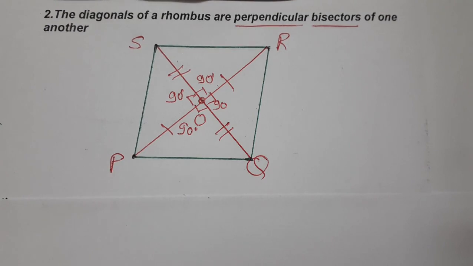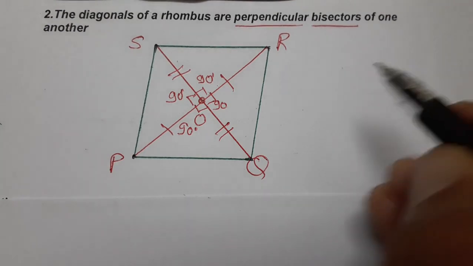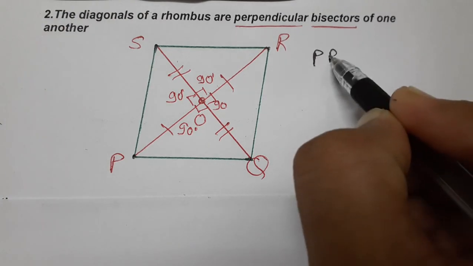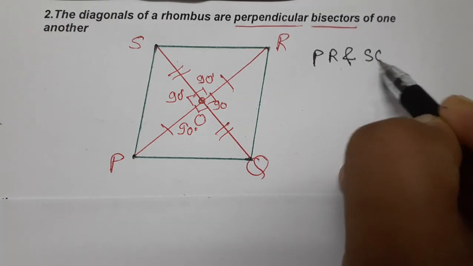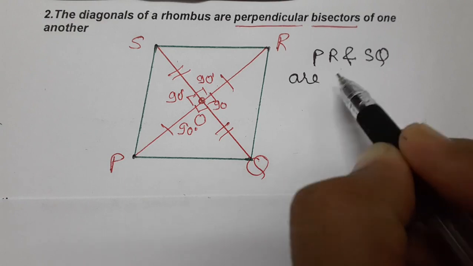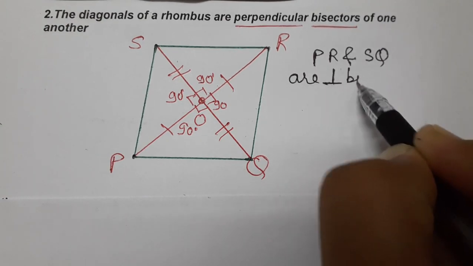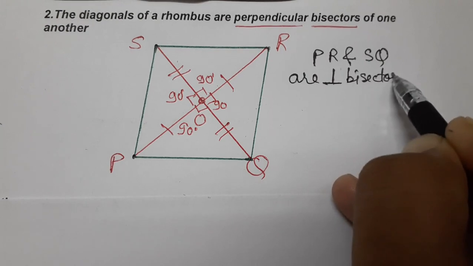So this is a rhombus. So what will we write? PR and SQ are perpendicular. This is a short form of perpendicular, children. Perpendicular bisectors.